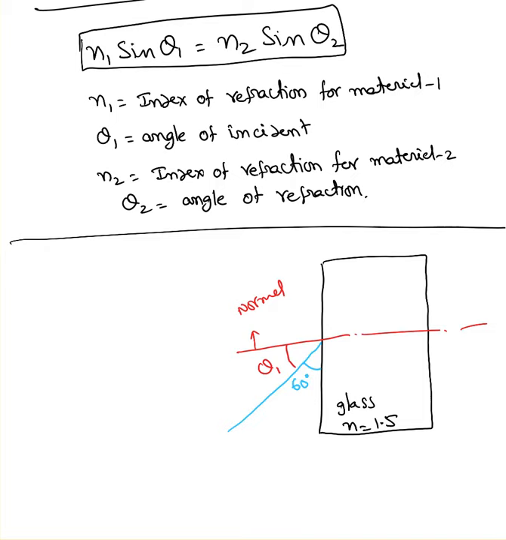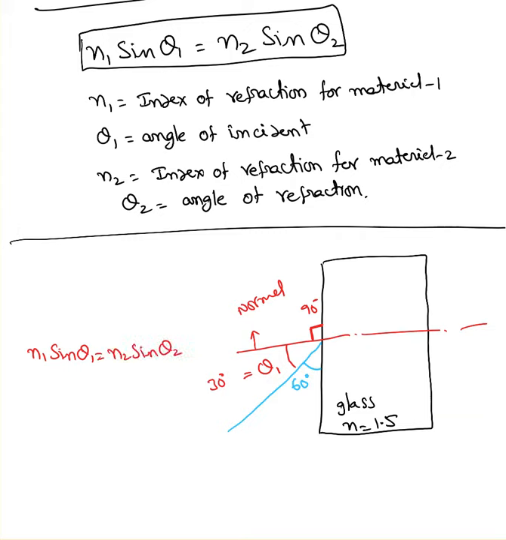What is theta 1 in this case? The angle between the glass and the normal to the glass must be 90 degrees. So theta 1 must be 30 degrees. Now according to Snell's law, n1 sine theta 1 equals n2 sine theta 2.